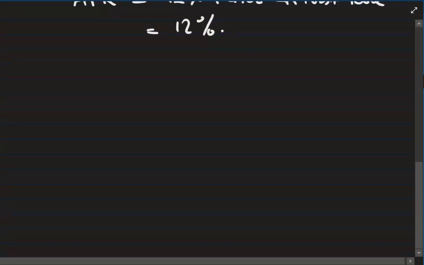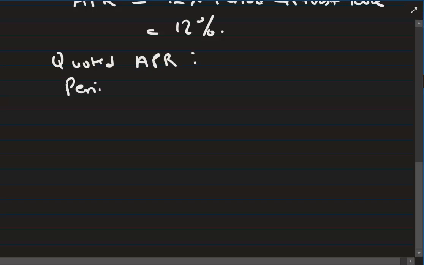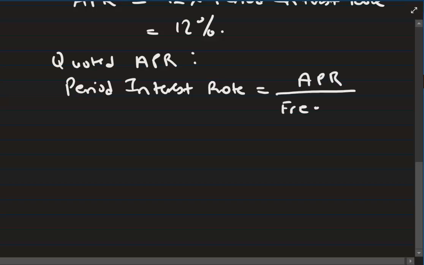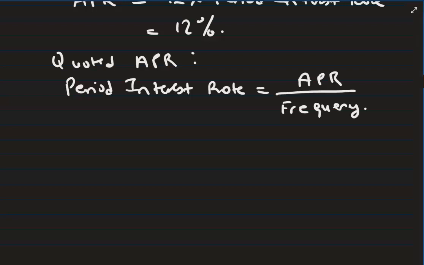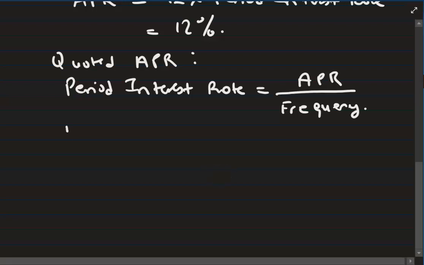In many cases, you will be quoted APR directly. Then you find period interest rate as APR divided by frequency. Let's say you have a credit card that says they are going to charge you 18% APR on daily balances.